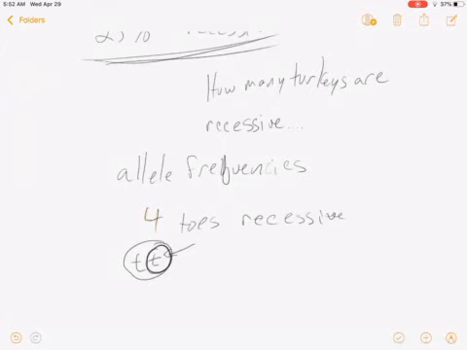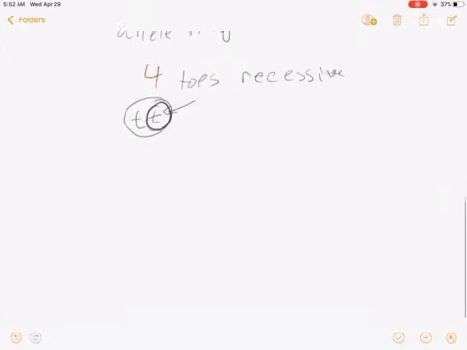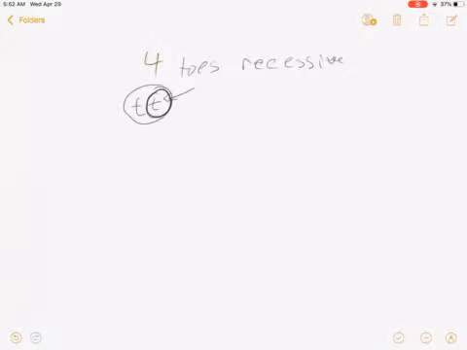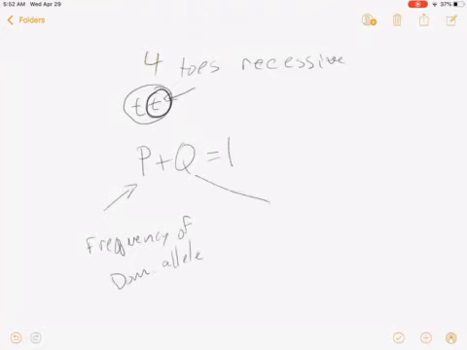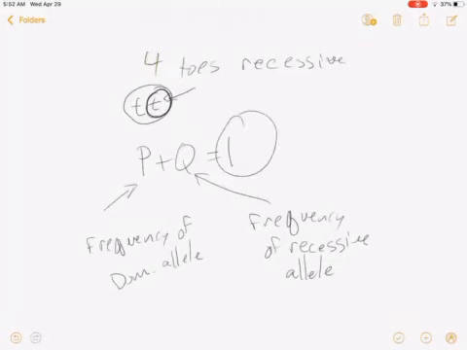So I have to solve this with the Hardy Weinberg equilibrium equations. They start like this: p plus q equals 1. They start with the assumption that the frequency of the dominant allele and the frequency of the recessive allele will equal 1, and in this case, 1 equals 100%.